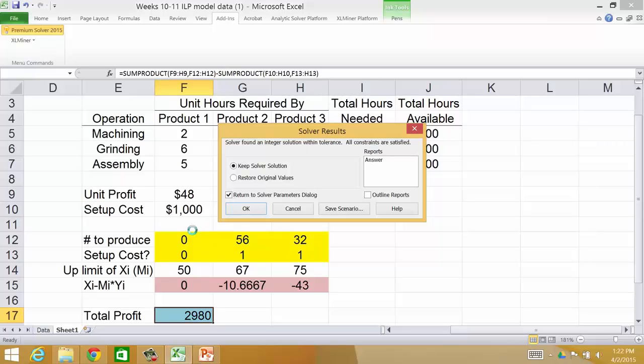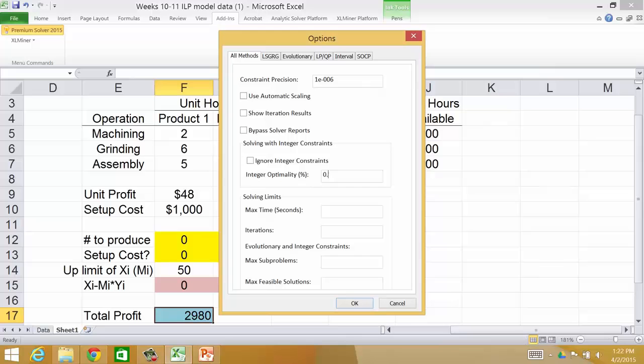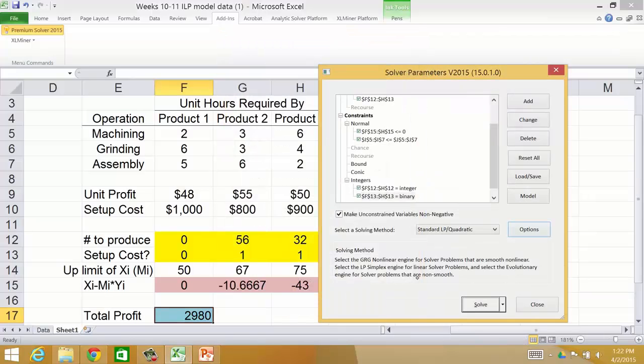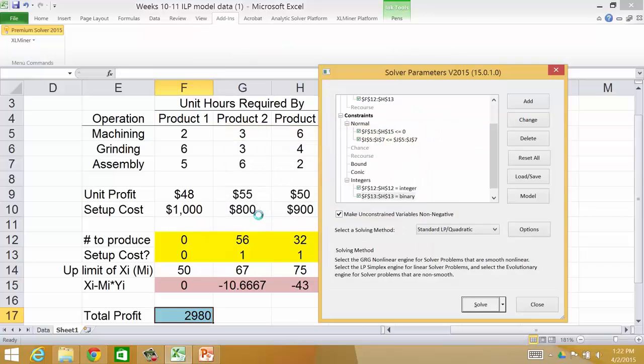Since in the previous solution the optimal had already been found, it still gives me this one even when I changed that tolerance value, but the solver window message is changed. So I'm going to go back and change my tolerance back to 0.